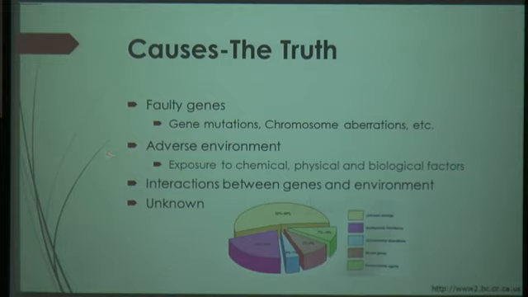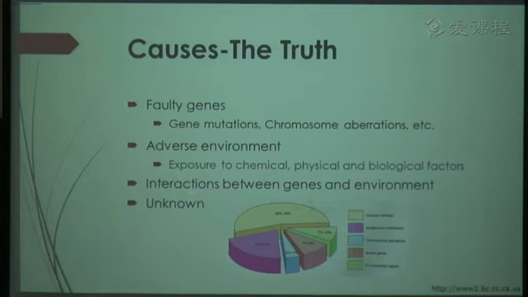And the second reason, a very important one, is the environment. If we have an adverse environment, for example exposure to chemical, physical, and biological factors, which we will talk about in the next few slides, we will also have birth defects.